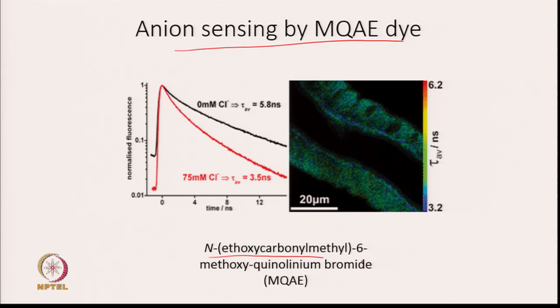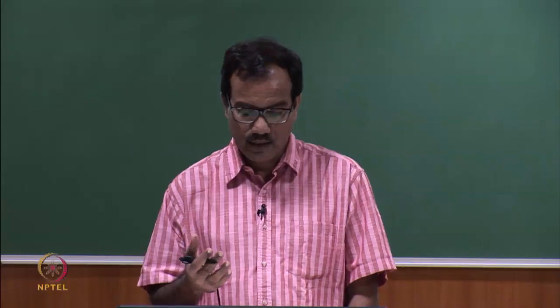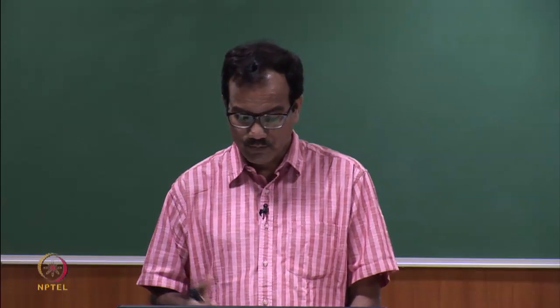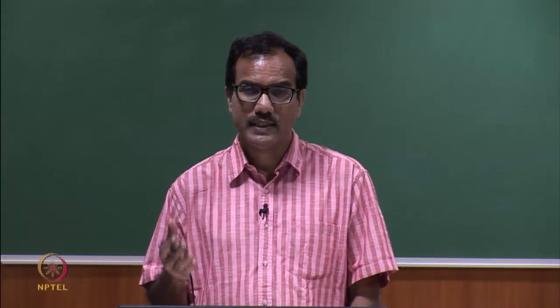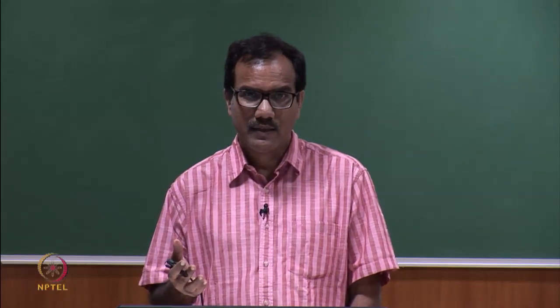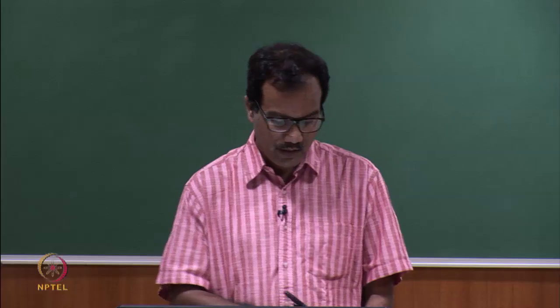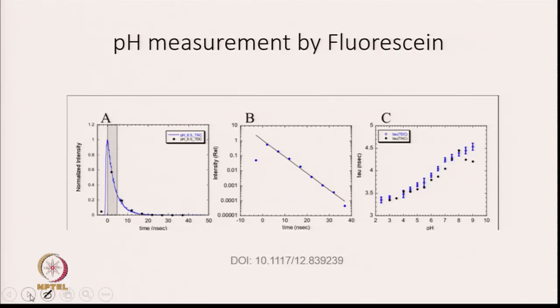It is quite sensitive to chloride ion, and here I can show you that in the presence of 0 millimolar chloride ion, the lifetime is 5.8 nanosecond, whereas in 75 millimolar chloride ion, it is 3.5 nanosecond. So, if you increase the concentration, the lifetime of the MQAE dye decreases, and that is how we can detect chloride ion, and we can also talk about the concentration of the chloride ion in this case.